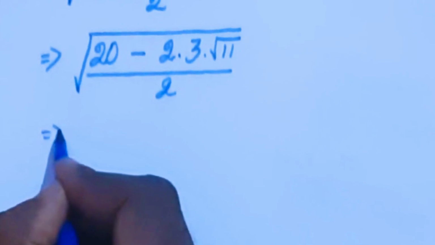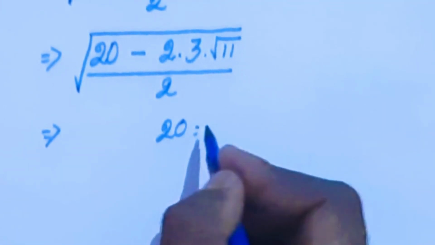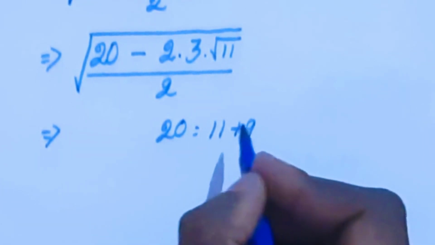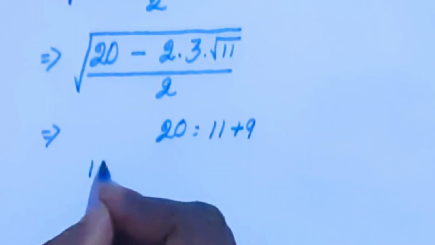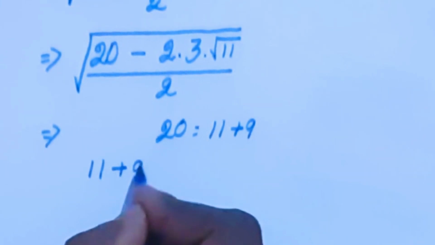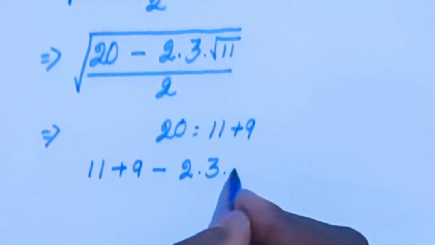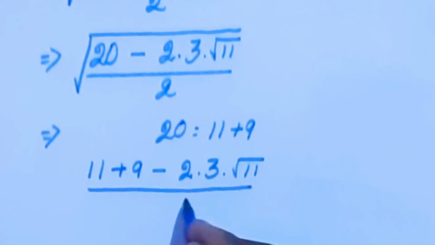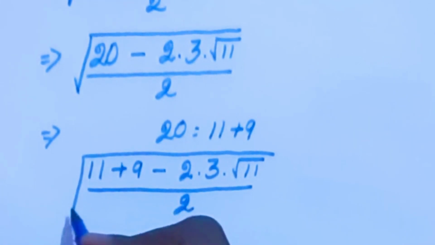Now this 20 can be written as 20 equal to 11 plus 9. This we are going to apply here. So 11 plus 9 minus 2 times 3 times square root of 11 whole divided by 2 in whole square root.